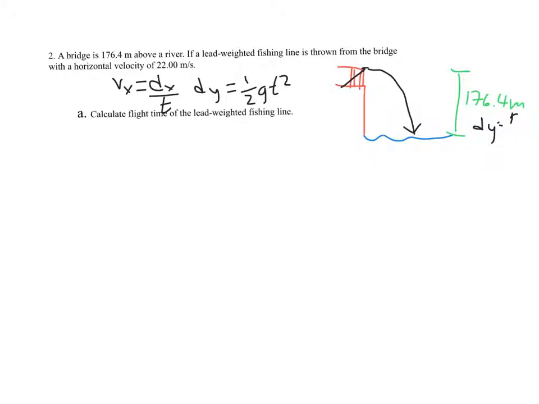You'll notice I didn't put in the vyt because I know it's 0. Actually, for all of these equations where you're assuming that there's no vertical initial velocity, you are welcome to just use that one. So since I know the dy, I actually can use that second equation.